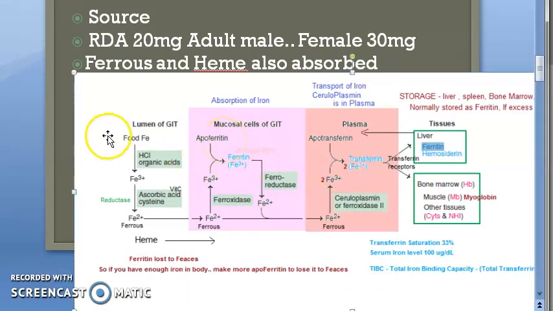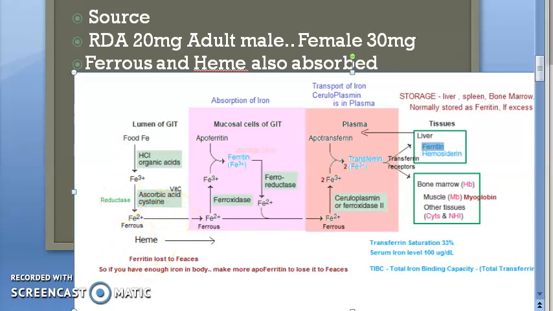Facilitation of iron absorption is because of HCl, vitamin C, all these reductase enzymes. Heme is directly absorbed. Cysteine also helps in absorption. So all reducing substances like ascorbic acid, and whichever contains SH radical like cysteine, help in absorption of iron.